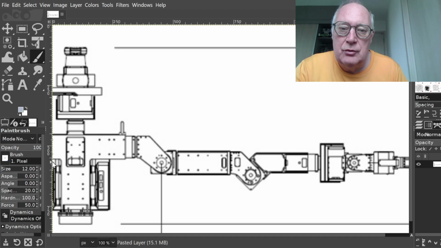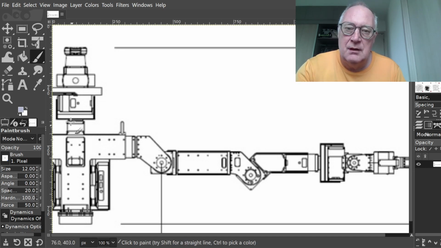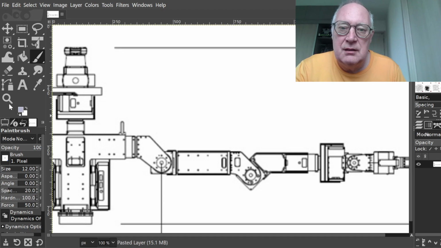And blue for our z-axis. So the first one is this joint here. So I'm gonna paint in, right, so this will be the z-axis for our first joint.